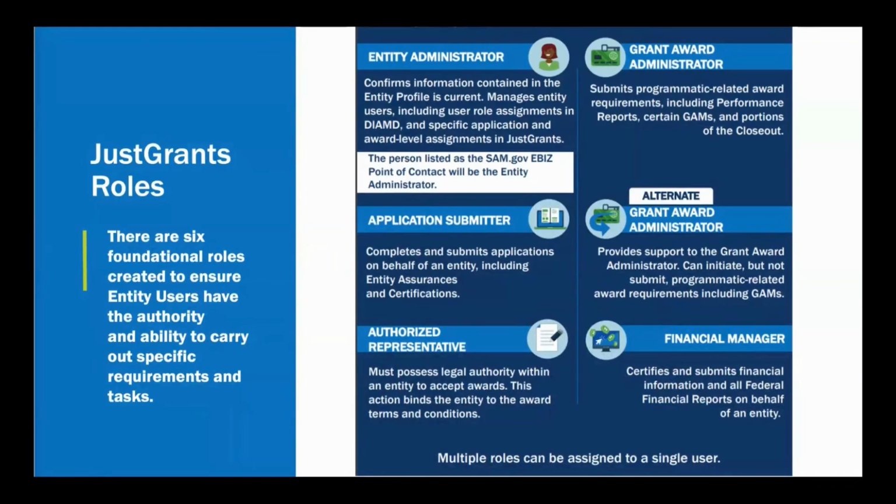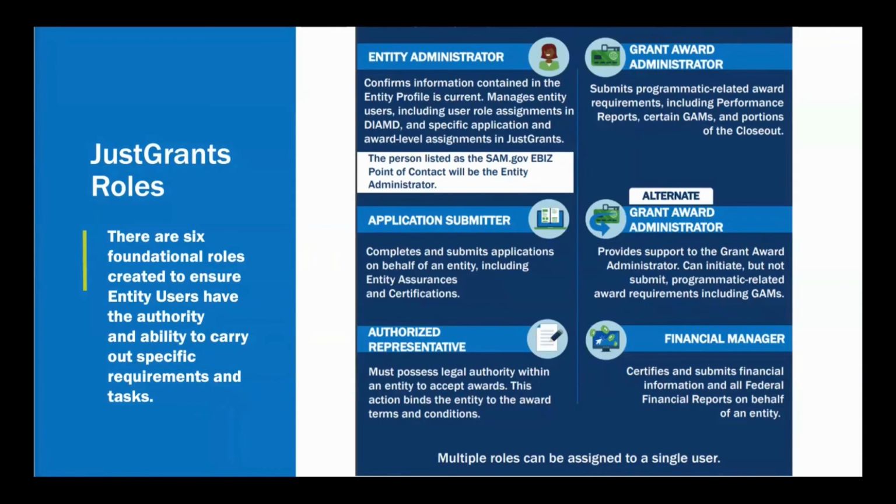The first role is the entity administrator. This is the individual, and there's only one entity administrator in your organization, that assigns and manages users and their roles. But they also have read-only access to everything in the system. So they can open a performance report and read through it, but they can't edit it if they're only an entity administrator.